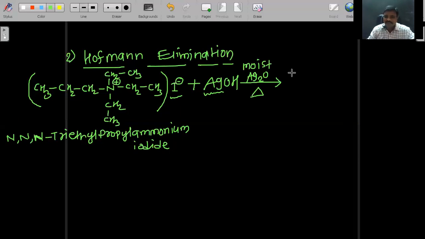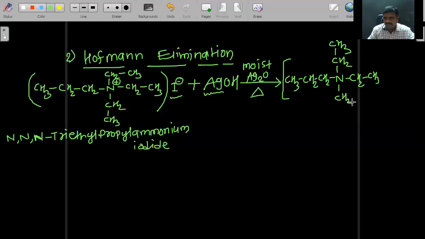So the major product is CH3CH2CH2N with CH2CH3, CH2CH3 and CH2CH3, and outside the bracket, this bracket is extended.